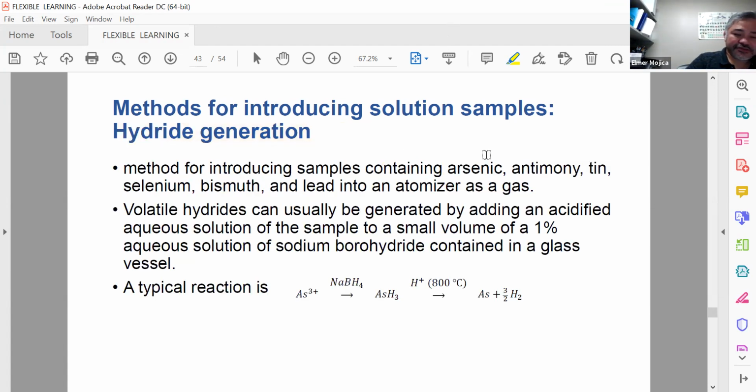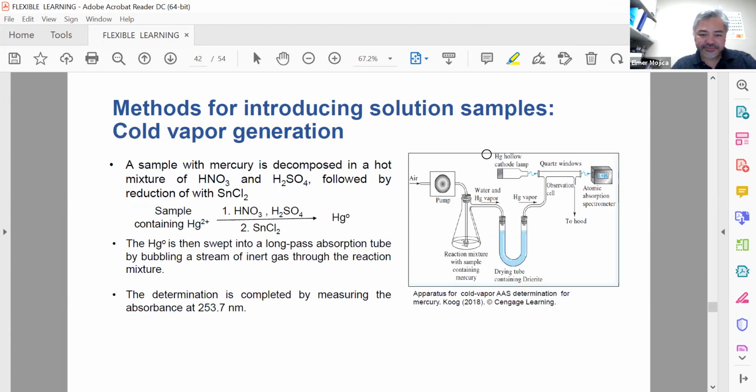If you look at this cold vapor process, it usually has something to do with hydride.